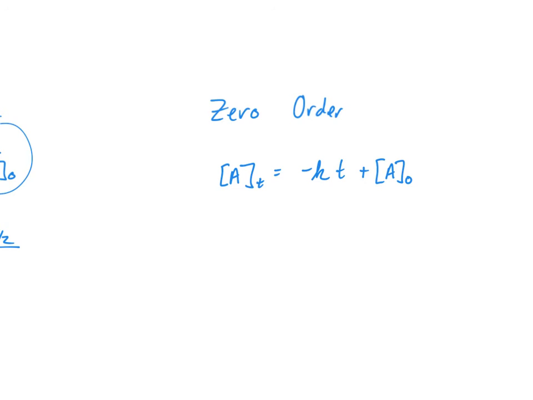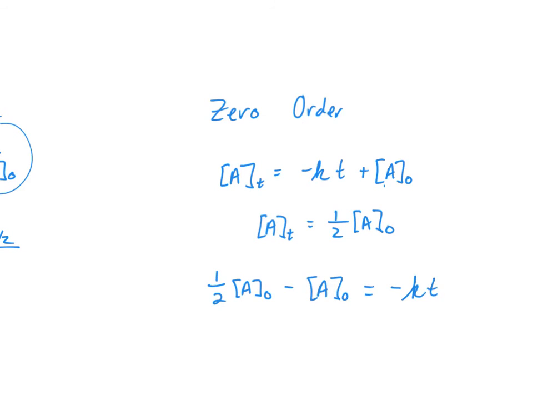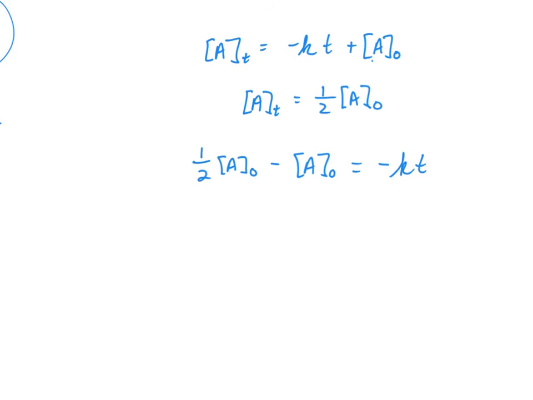And again, substituting in A at time t is equal to 1/2 A at time 0, we'll have 1/2 A at time 0, and I'm going to go ahead and subtract A at time 0 from both sides. And that's going to set that equal to minus K times T. And now this is T 1/2.